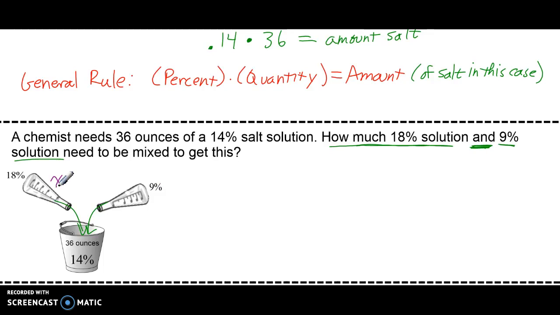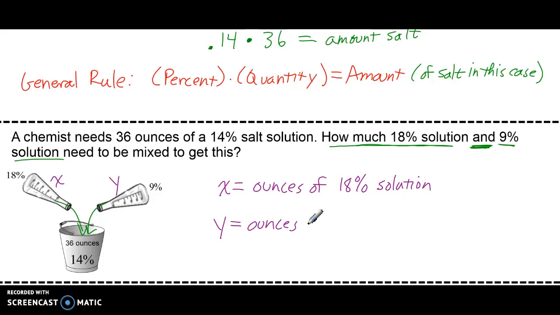You can use any two letters, but I'm, of course, going to use X and Y. Those are the traditional ones in mathematics. Those two amounts are what we're trying to figure out. So X is going to be how many ounces of the 18% solution we're going to need when we're getting the right mixture, and Y is going to be the number of ounces of the 9% solution.